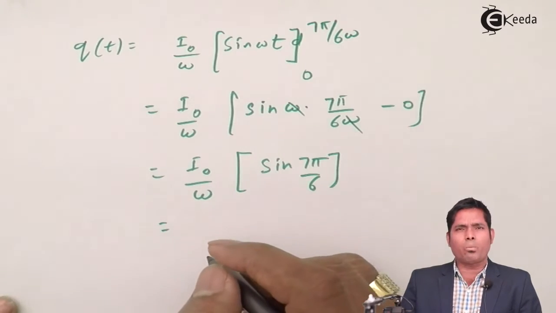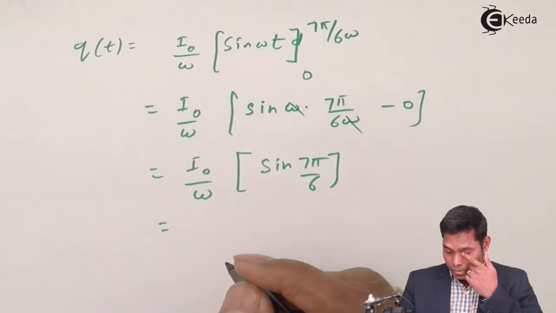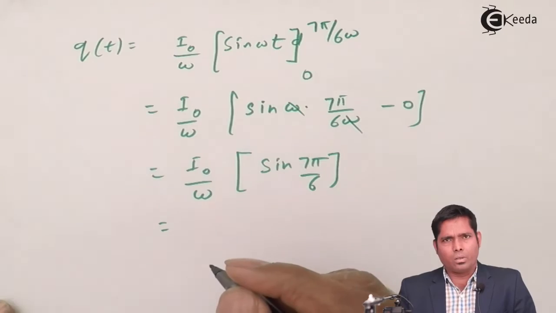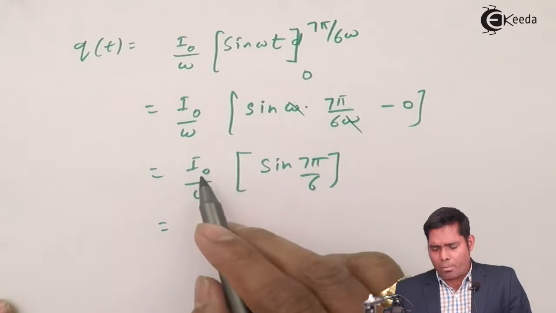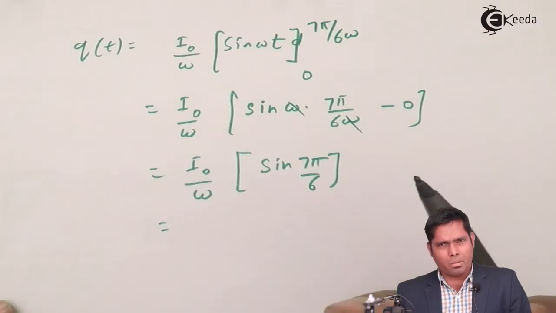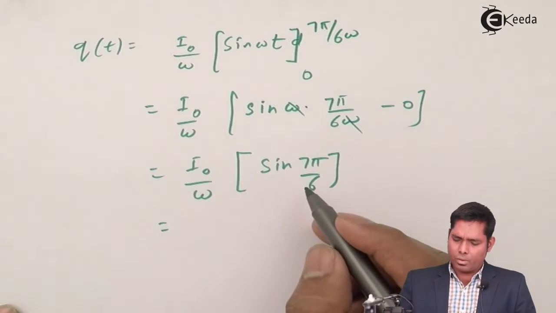If I find that, then how much charge is actually stored during the time 0 to 7 pi by 6 omega? This I have to solve.